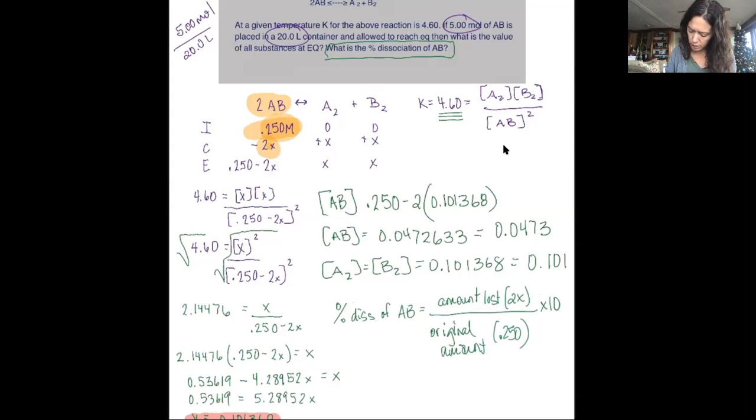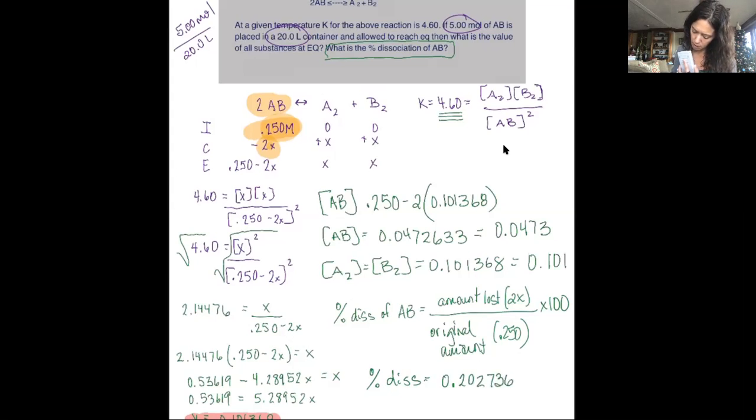The percent dissociation is equal to the amount lost, that's 2x, that is 2 times 0.101368 equals 0.202736.